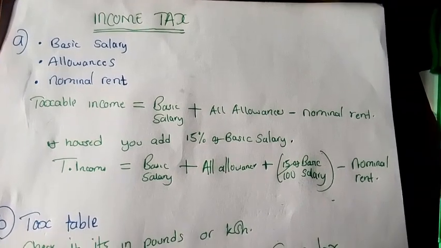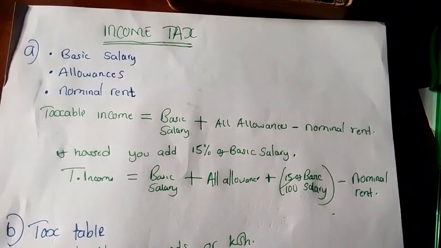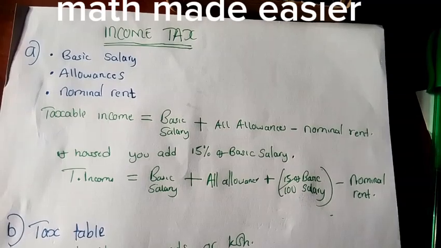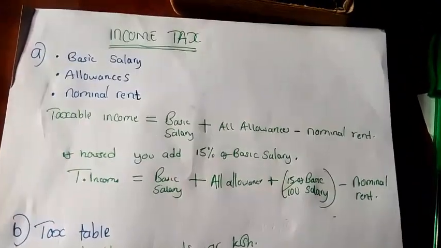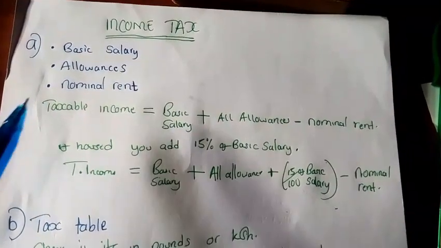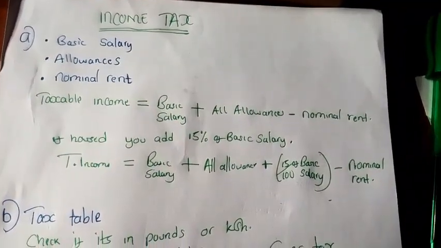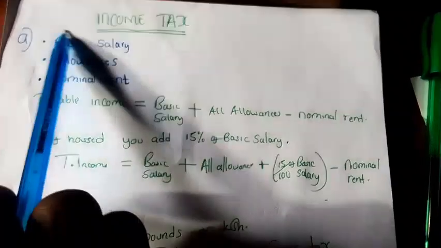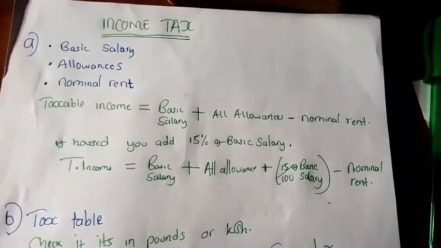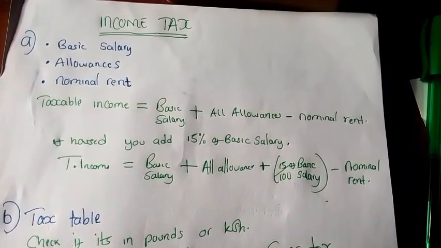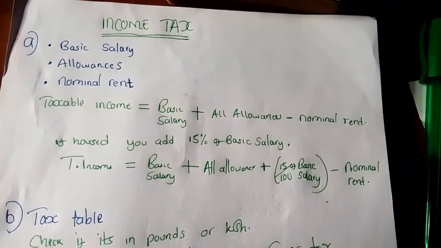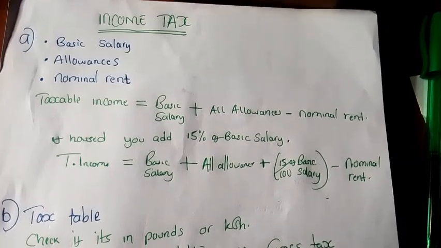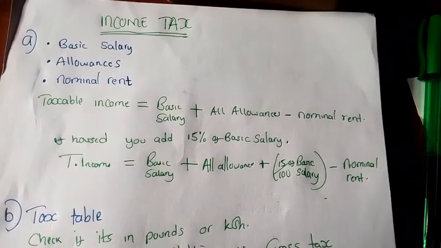Okay? So when you come across a problem in income tax, first you need to identify the basic salary, allowances, and nominal rent. From these three key pieces of information, we are able to calculate the taxable income of an individual. So what is taxable income?